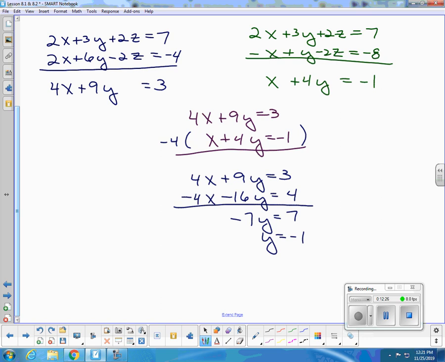Then you got to take that and put it up into the original. It doesn't matter which one of the 2 by 2 you put it into. And you solve and you get x equals 3. And then how do you get z?